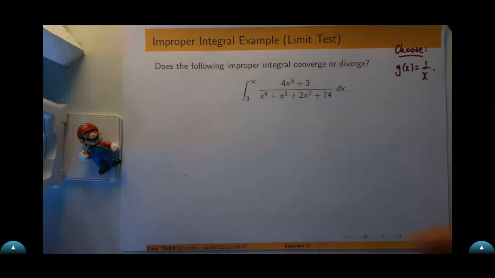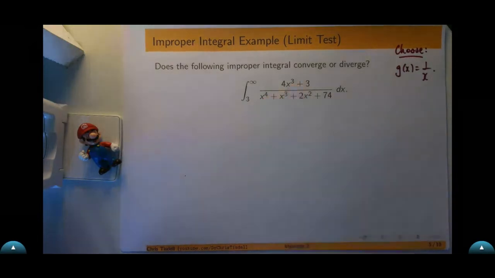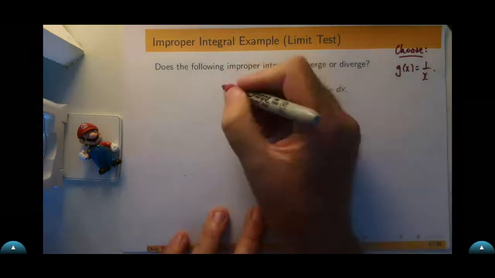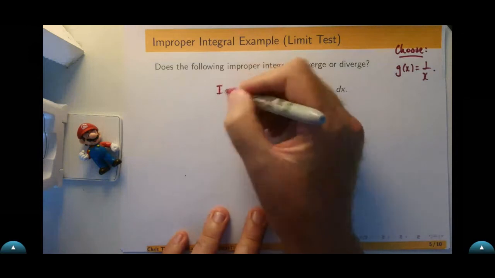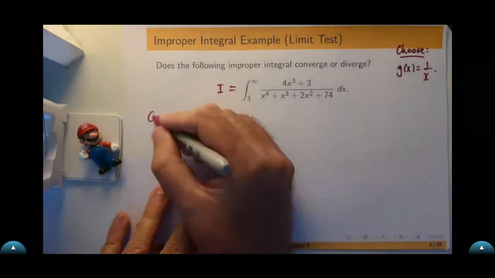So look at the difference between the highest power down there and the highest power up there. Let's call that, I don't know, I. Does the integral of this function converge or diverge? Russell, yes, you rule.